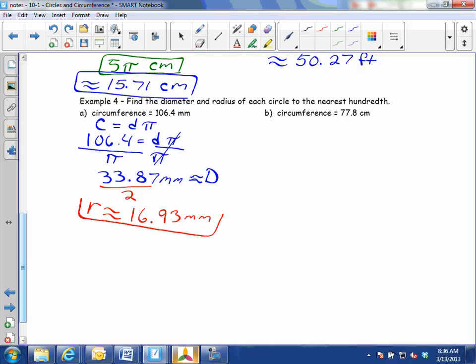So when we divide it by 2 to get the radius, we don't have to use the big number, we can use the rounded number. Really, we should use the big number, but I will take that.